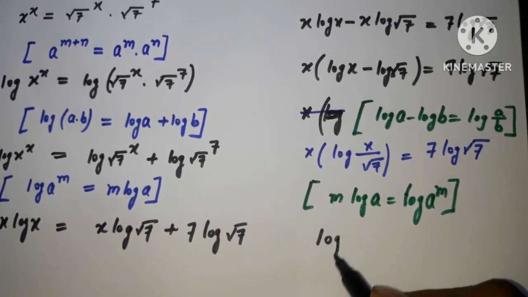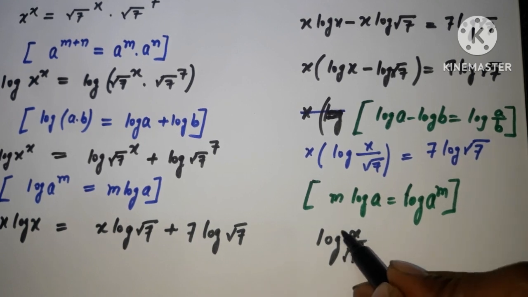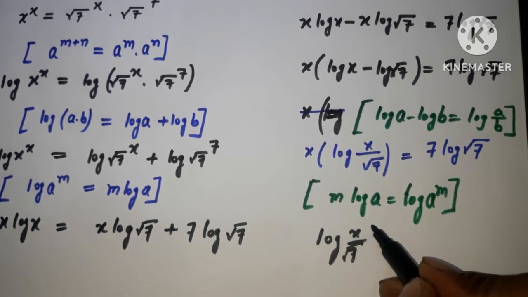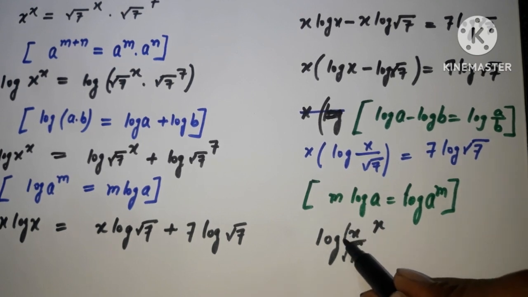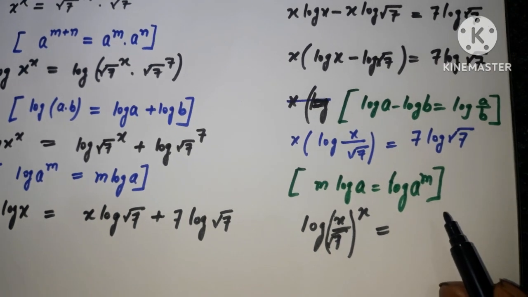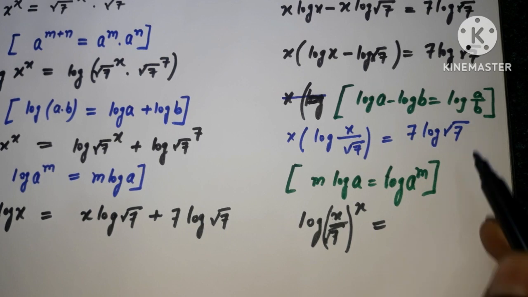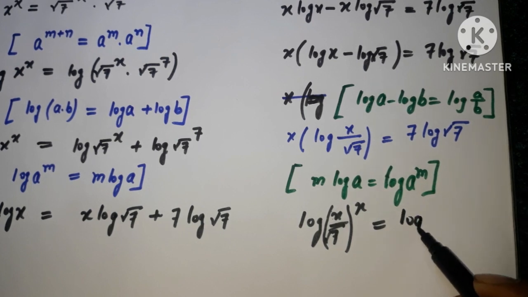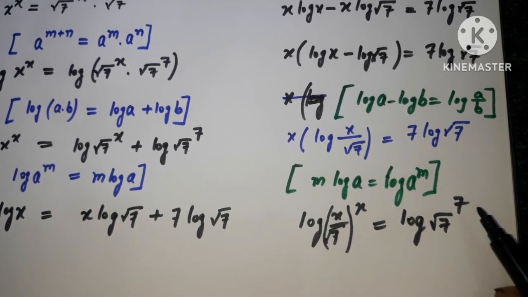So we have log of x by root 7, and there is a power x over here. And this 7 will be just the power of root 7. So log root 7, and this power is here.